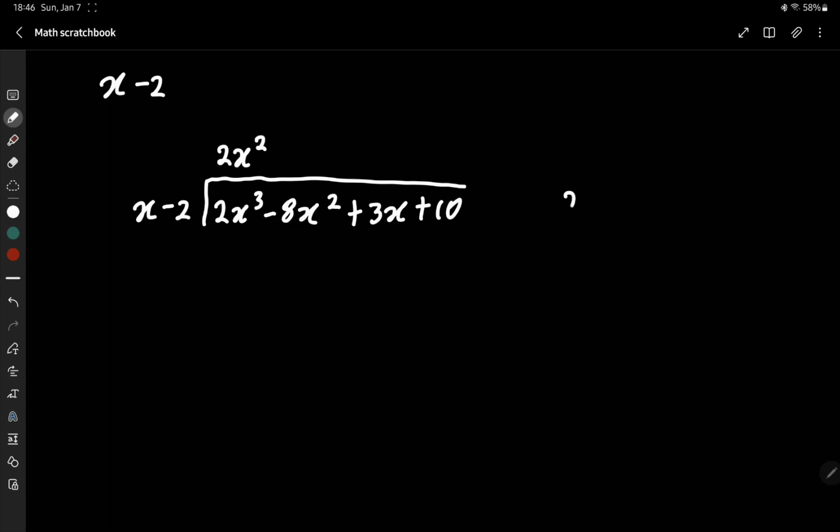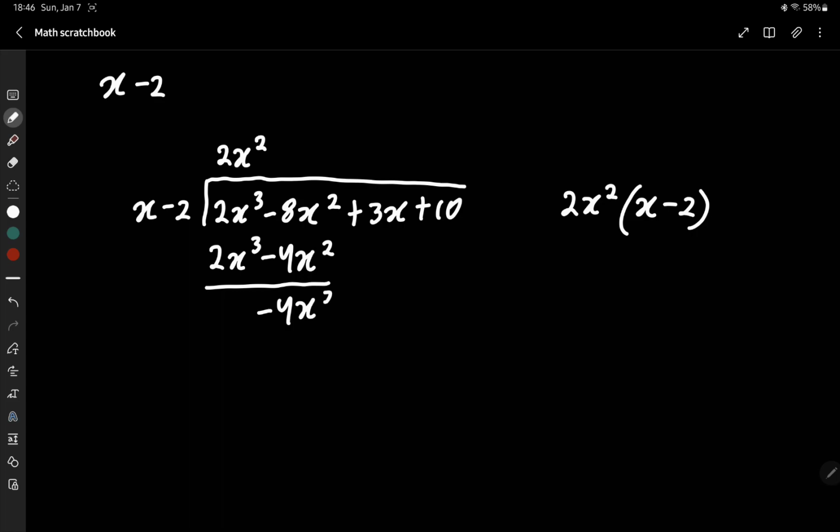And then we do 2x squared multiplied by x minus 2. And that gives you 2x cubed, or sorry, not squared, cubed, minus 4x squared. And then doing subtraction, we get 4x squared.